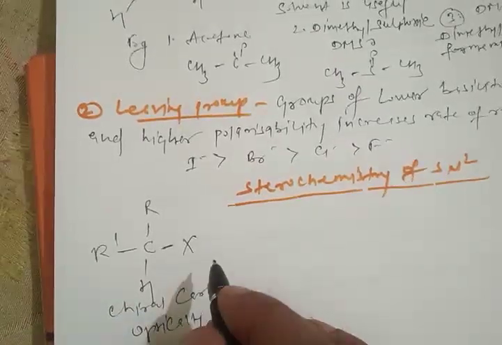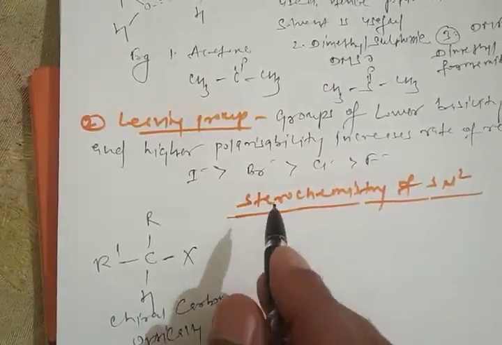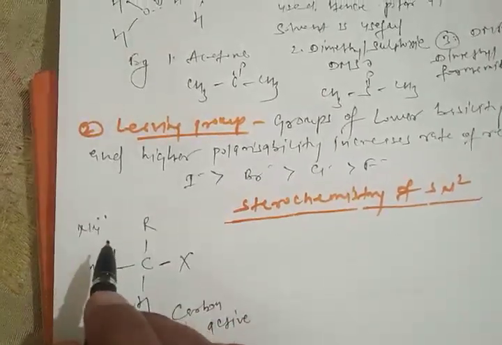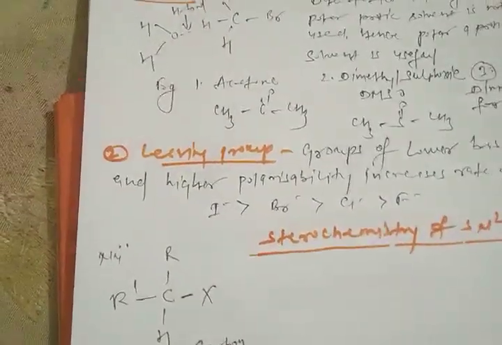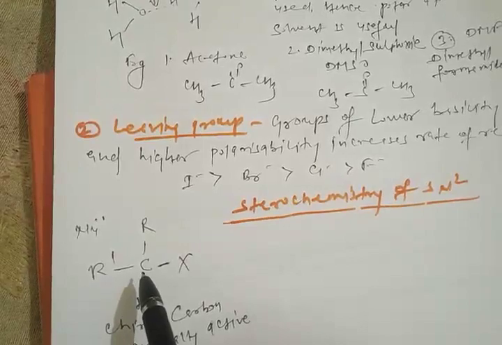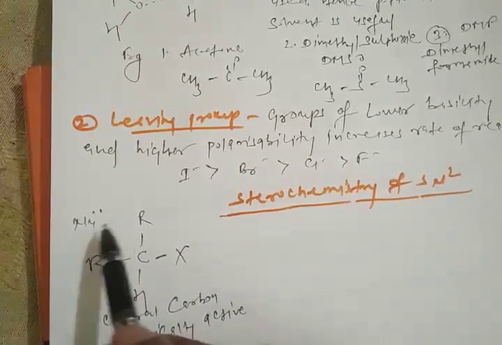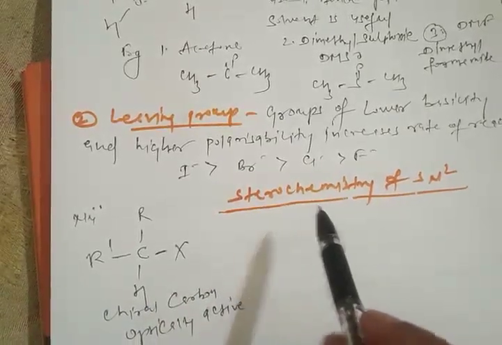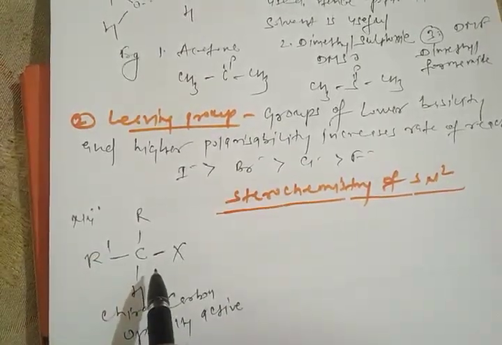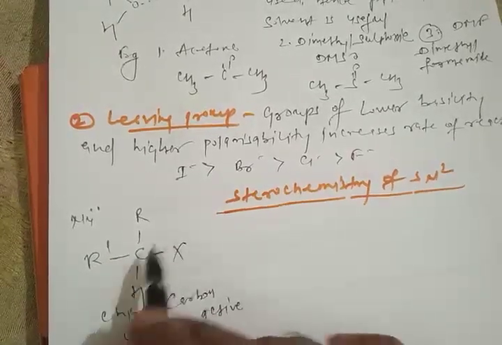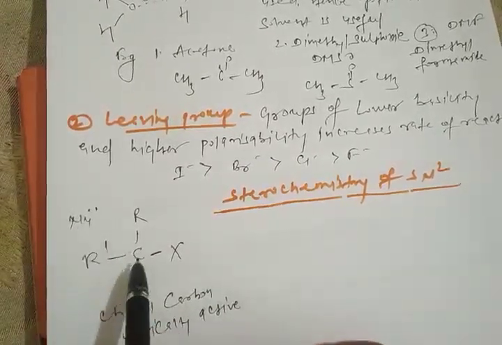Suppose the nucleophile attacks from the rear side, so that the halide can leave from the other side. The nucleophile attacks from the rear to avoid the path of the leaving group. This is the path of the leaving group, so the nucleophile will enter from this side.